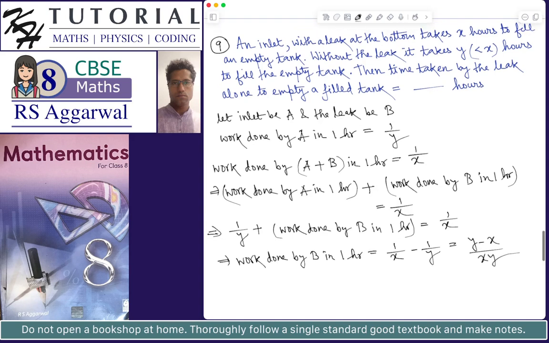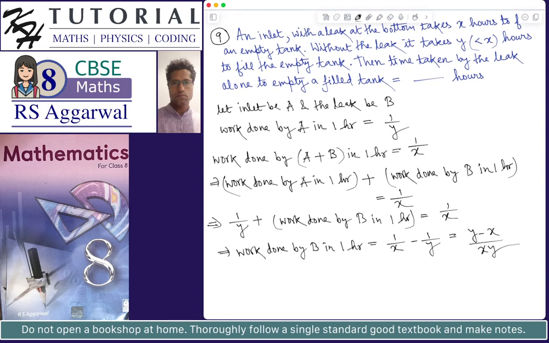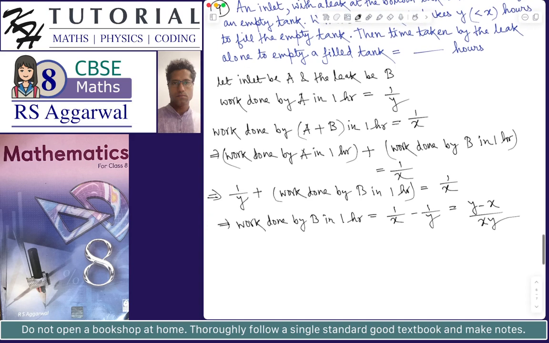So this is the work done by the leak in 1 hour. Now the question is asking the time taken by the leak alone to empty a filled tank. Now if we know that the work done by leak in 1 hour is y minus x divided by xy, you can write it as 1 by xy divided by y minus x.